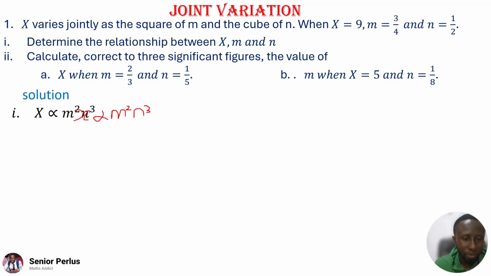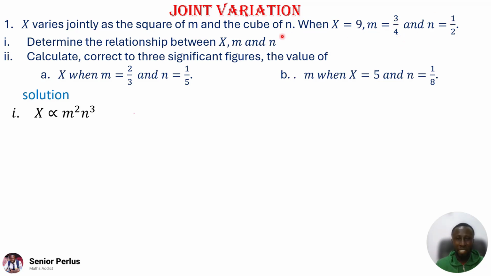So that's what it means here. These are all direct, there's no inverse here, but you have to know S varies jointly as the square of M and the cube of N. You are given that when S equals 9, M equals 3 on 4, N equals 1 on 2.